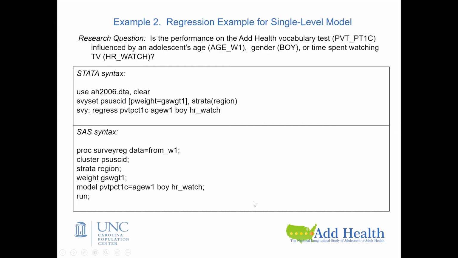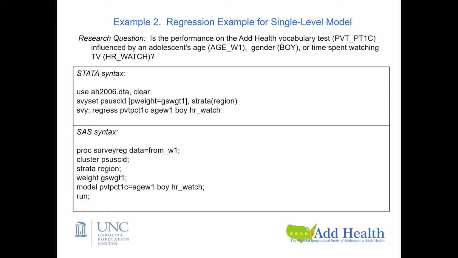Okay, and then here's a second example where we are looking at a regression analysis. The question is the performance on the AdHealth vocabulary test, which is a Peabody picture vocabulary test. Is that test result influenced by an adolescent's age, gender, or time spent watching TV?